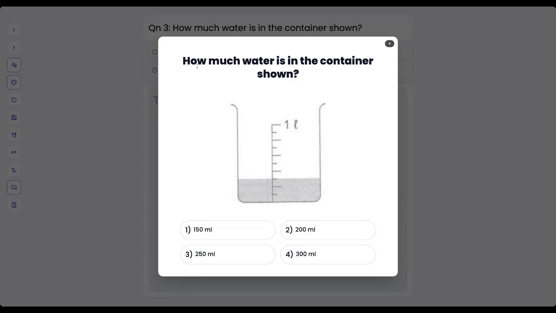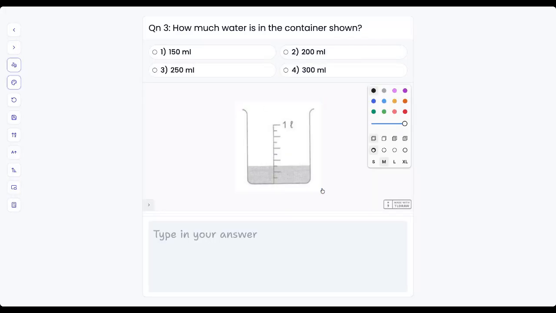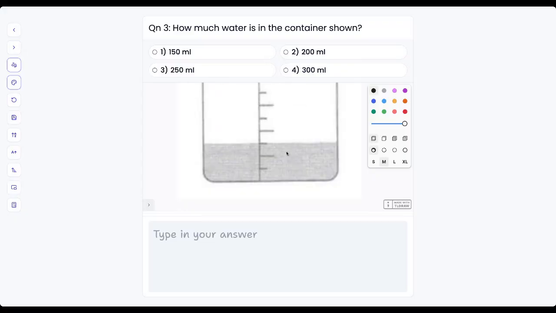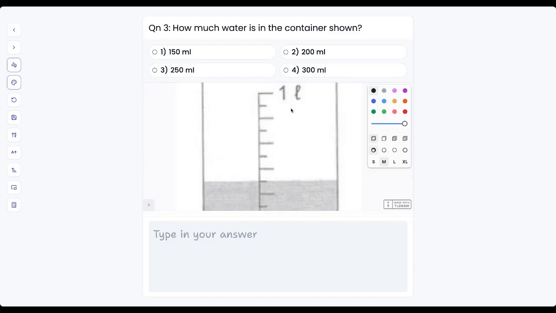Question 3. How much water is in the container shown? Okay, so in this case over here, let's zoom this in. We want to find out how many gaps before 1 liter. So first, 1 liter is equal to how many milliliters? 1000. So 1 times 1000 milliliters equals 1000 milliliters.